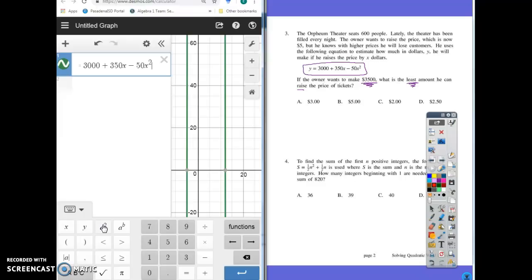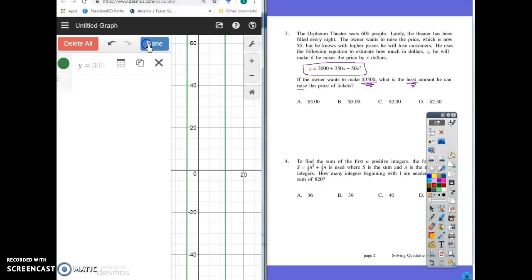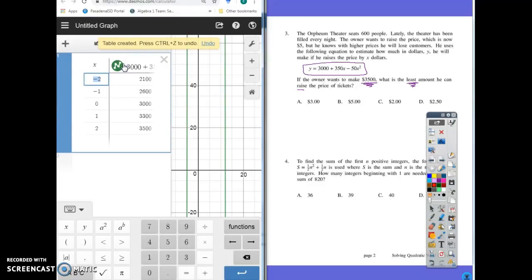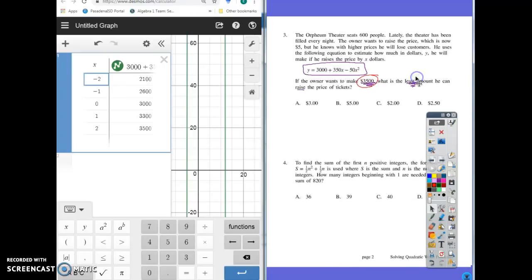Then you're going to open up your settings because I want the table. Okay, I want the table, and I want when I make this amount of money. When will I make this amount of money? What is the least? Oops. Let me get my marker. The least. Okay?